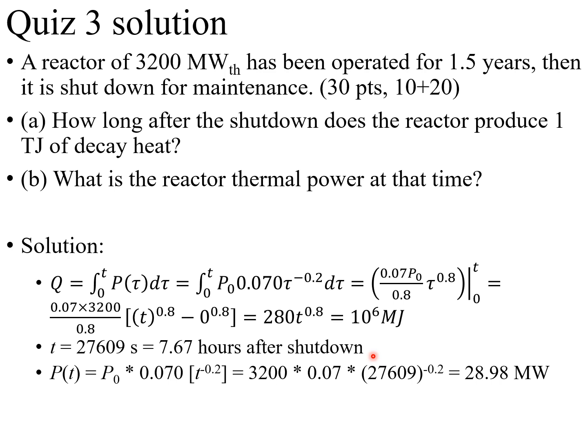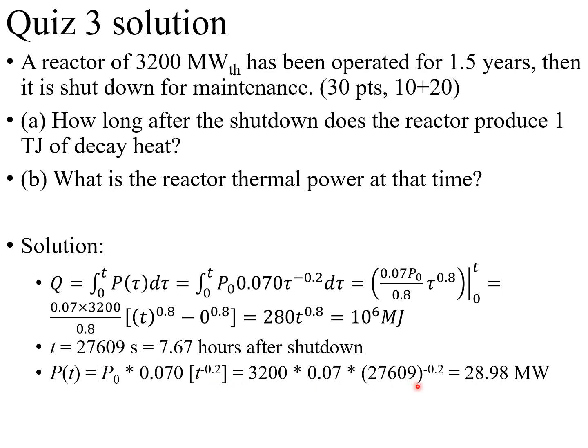What is the reactor thermal power at that time? Basically, we just need to use this power formula again. P(t), that is the decay power at a certain time after shutdown, is equal to P0, the initial power, 3200 megawatt, and this t will be 27,600 seconds.